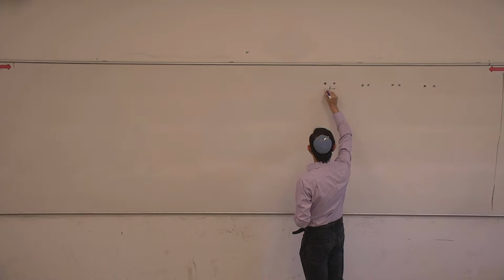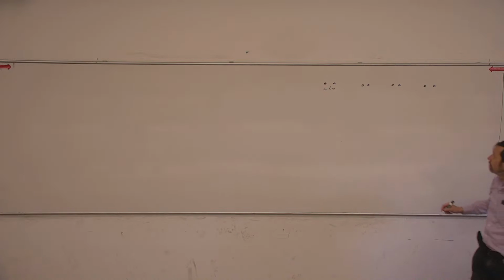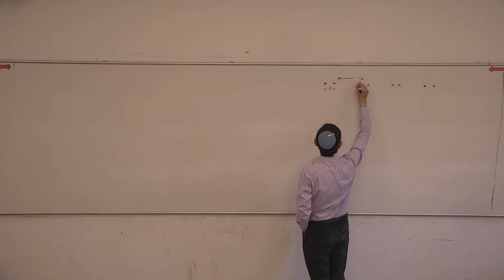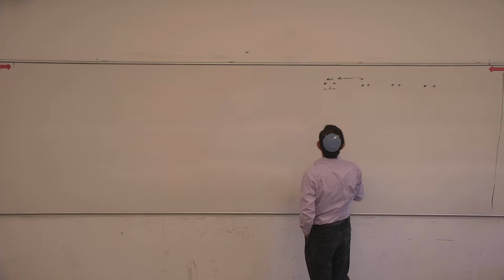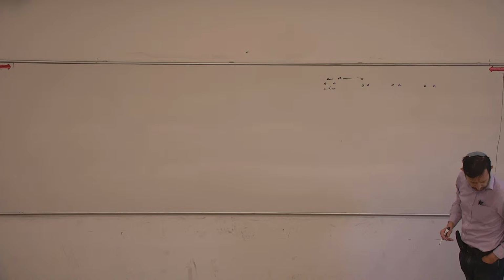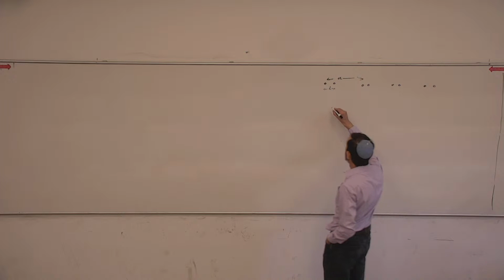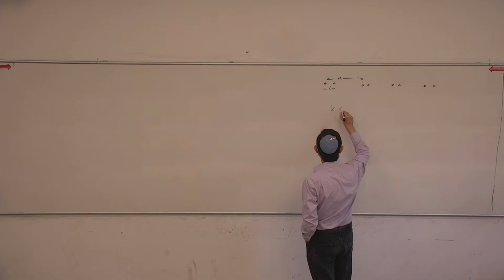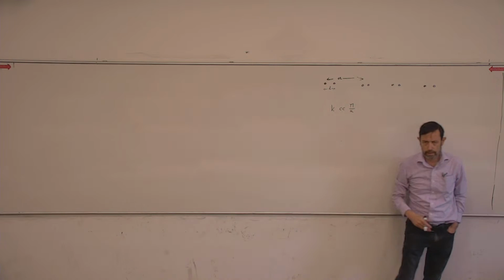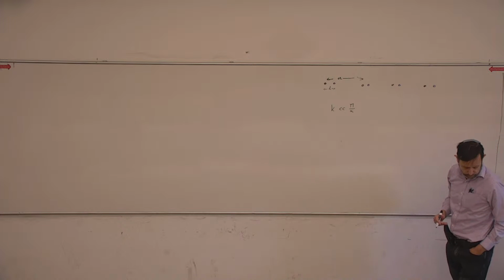This distance depicted by d, and this distance by a. After some mathematics, and assuming that k is much smaller than the maximum k, pi over a, we got that we have two solutions.